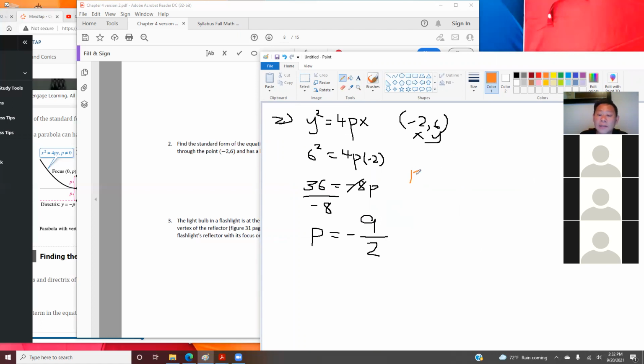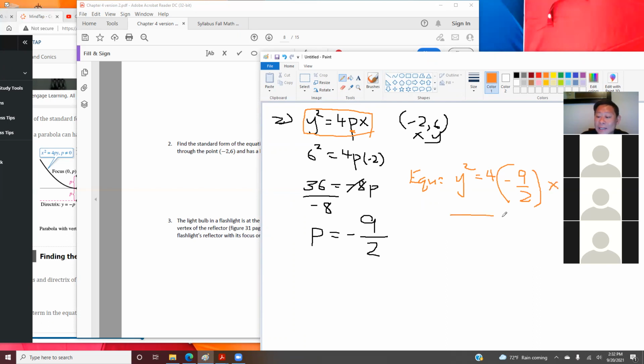So for the answer to this equation, you use this back and just plug in p as what you just found. So your answer is y squared equals 4 times negative 9 over 2 times x.